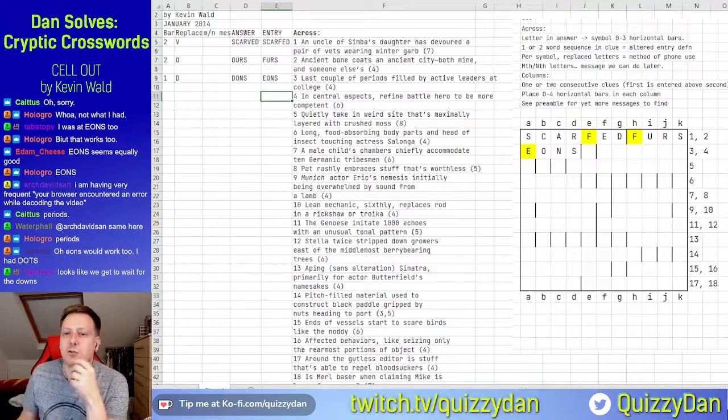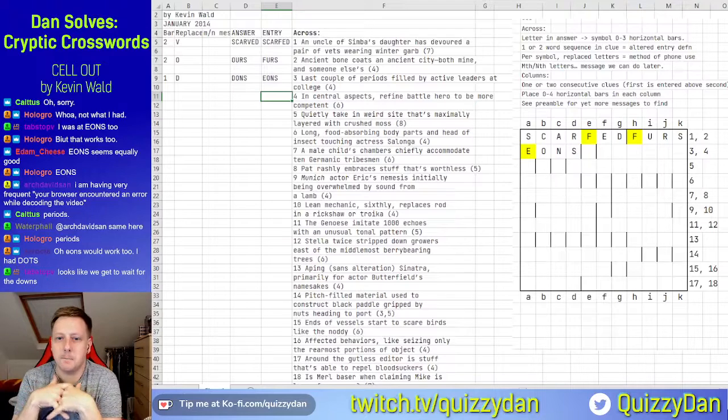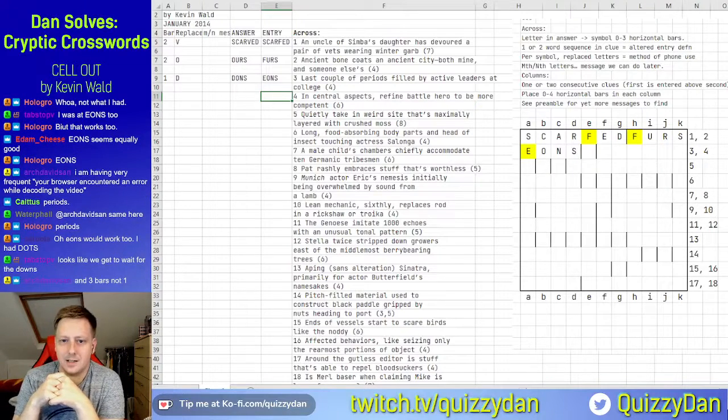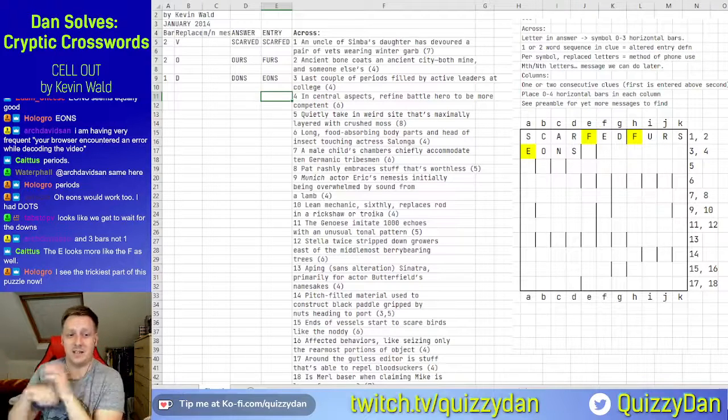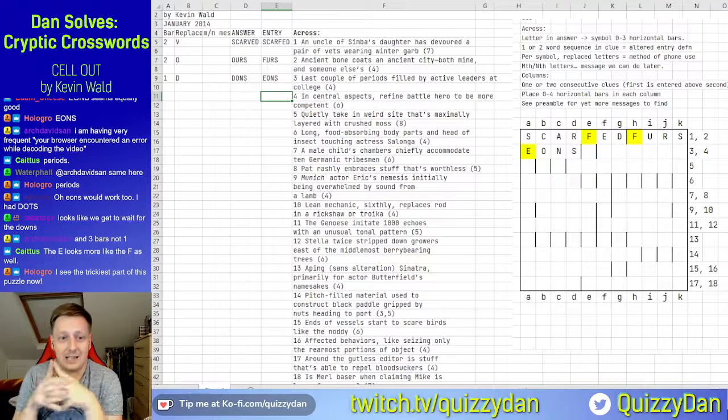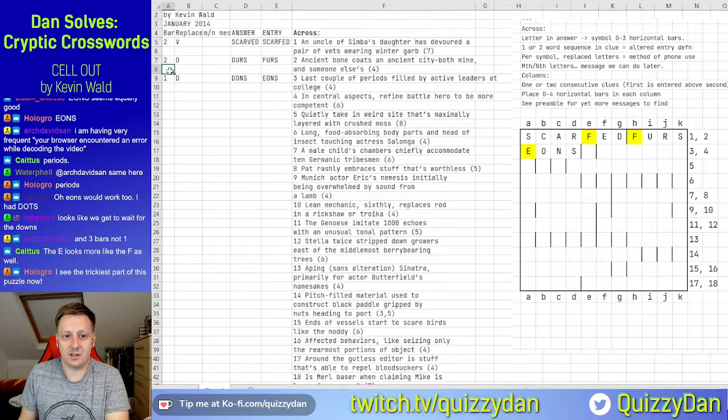4 across. In central aspects, refine battle hero to be more competent. I don't think you do, Hologro. I think we've yet to touch it. It's going to be all the horrible stuff at the end. That E is of course a 3.